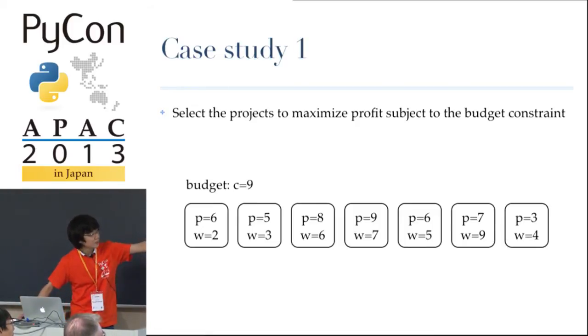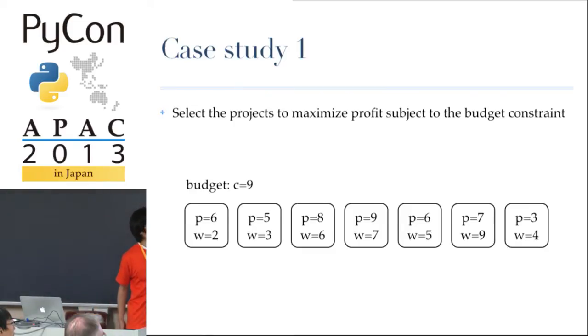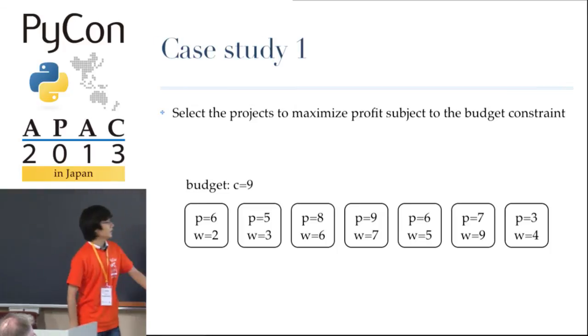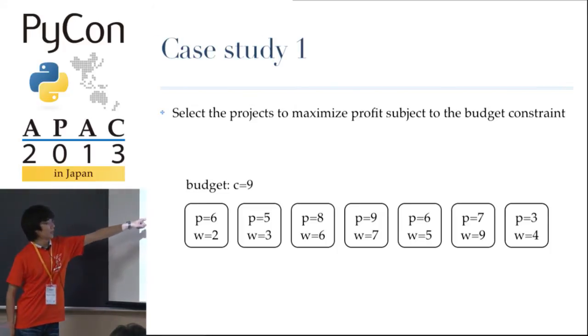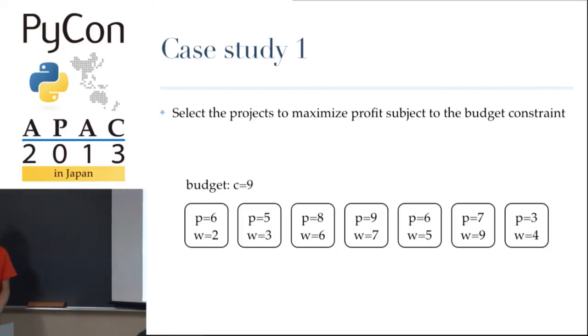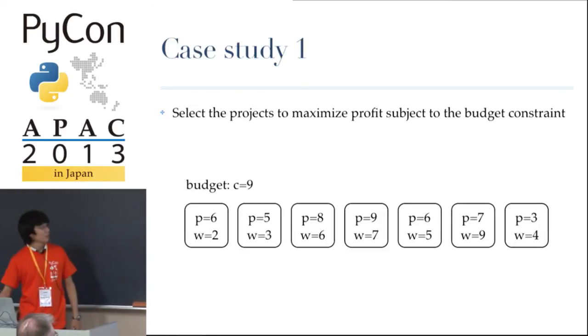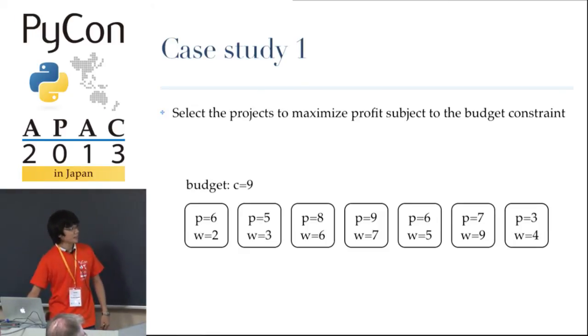There are 7 projects, where P means profit and W means cost. We have only a budget of 9. What is the optimal selection?